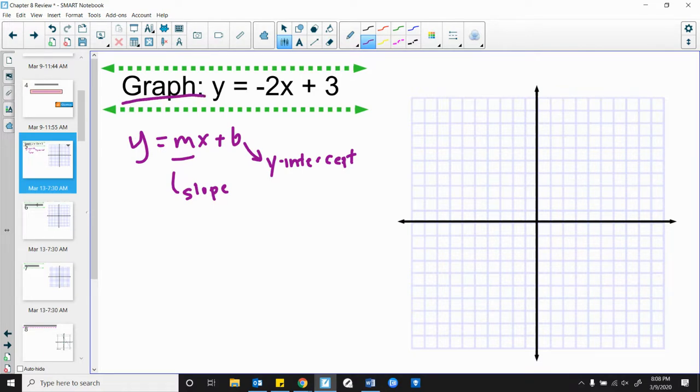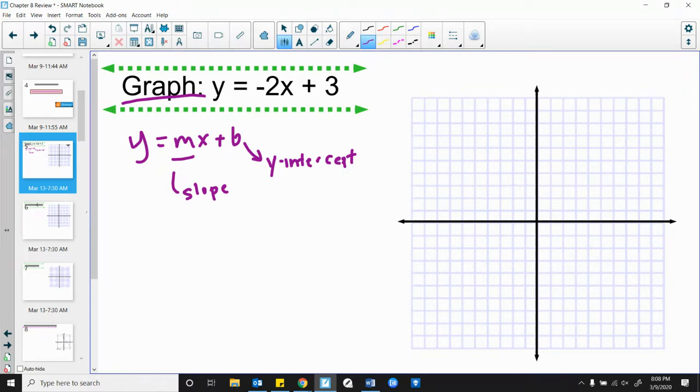Well, you're going to make a table, do x's and y's, plug in your x's and get y values, and it's going to take a good amount of time. Well, we have a new way now, and it's important to understand that this is just one way that we can use to graph these, but this is a great strategy for us.